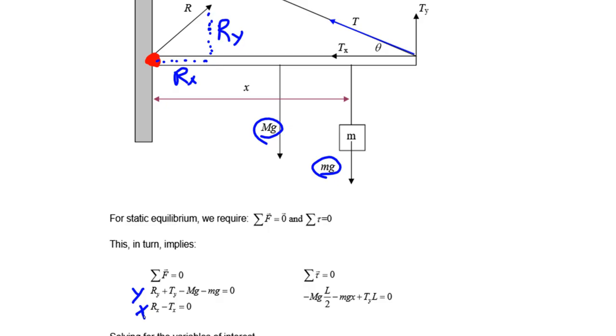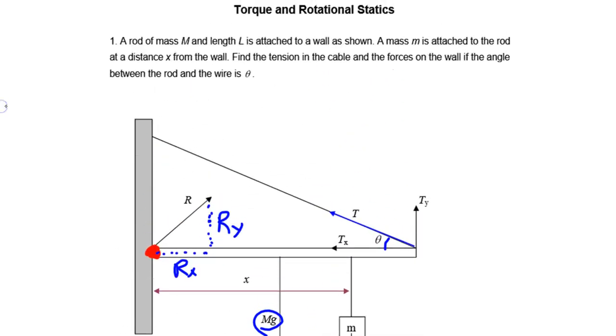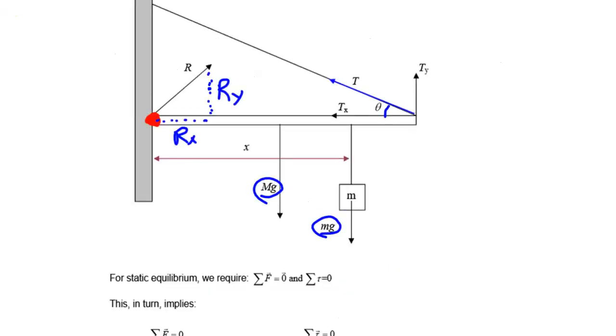And recall that the angle given here is theta, so Ty would be T sine of theta, and Tx would be T cosine of theta, which would certainly give you a way to find the value of Rx, that is.